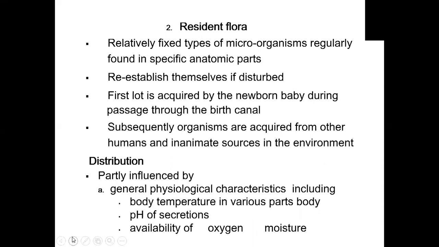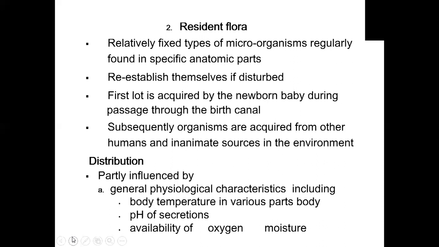So for the distribution of resident flora, there are a number of factors that influence their distribution, both in types, which type is to be found where and in what quantity. So there are some mechanisms that determine those, and then there are some mechanisms that regulate the quantity so that they don't exceed a certain limit.